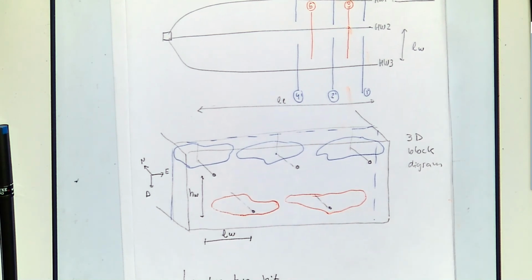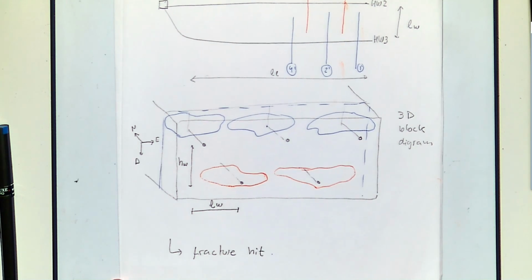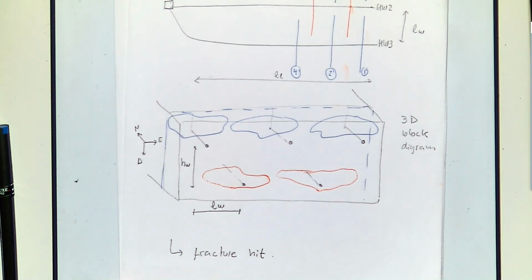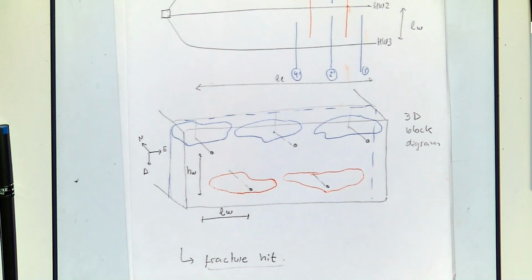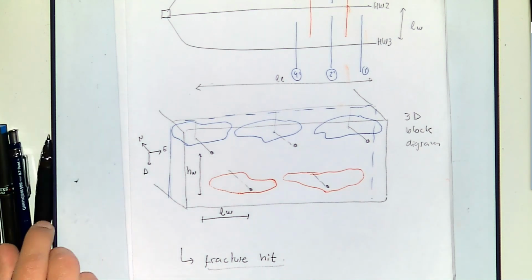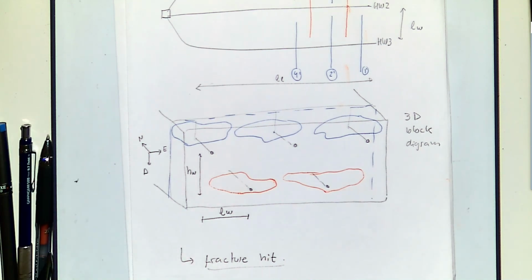You might be pumping in a wellbore, and then you realize that your gauge in another wellbore is now measuring an increase of pressure, and that's going to be a fracture hit. And of course, you have to design your distances and spacing between wellbores so that you minimize this problem of hydraulic fracturing hit.